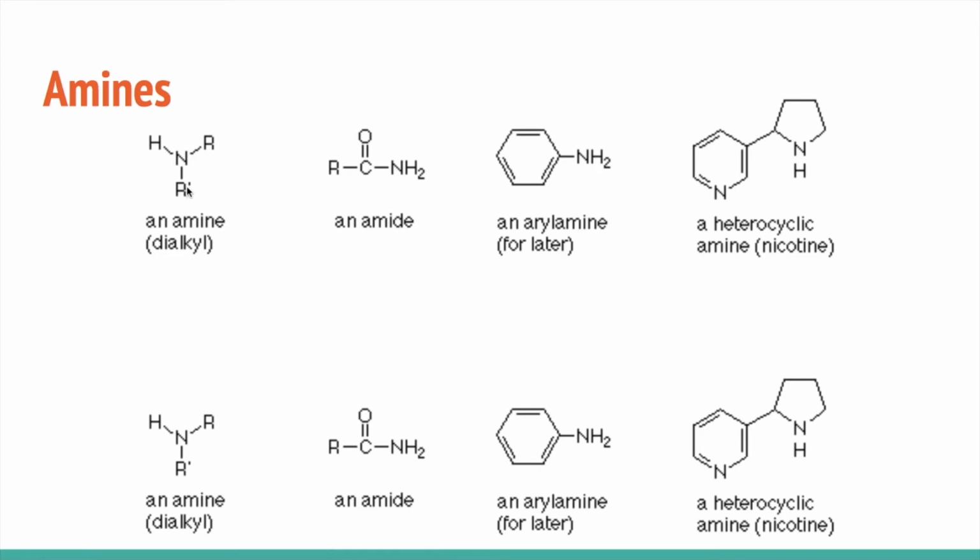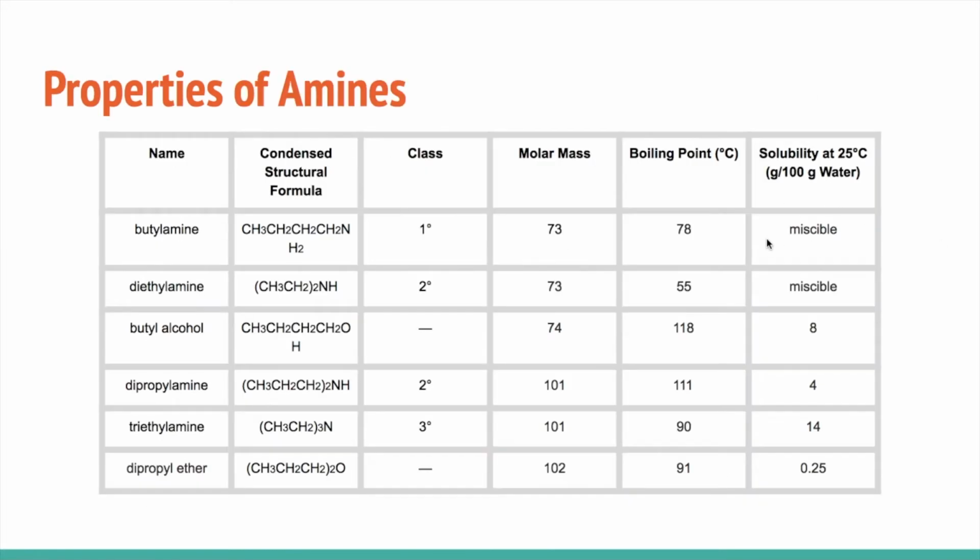The R stands for carbon. So therefore this would be a secondary amine. Right here, this one is bonded to 2 hydrogens, or 1 carbon. So it's going to be a primary amine.